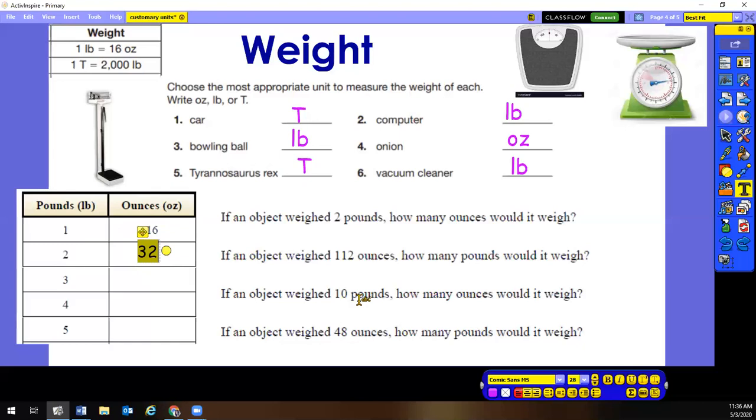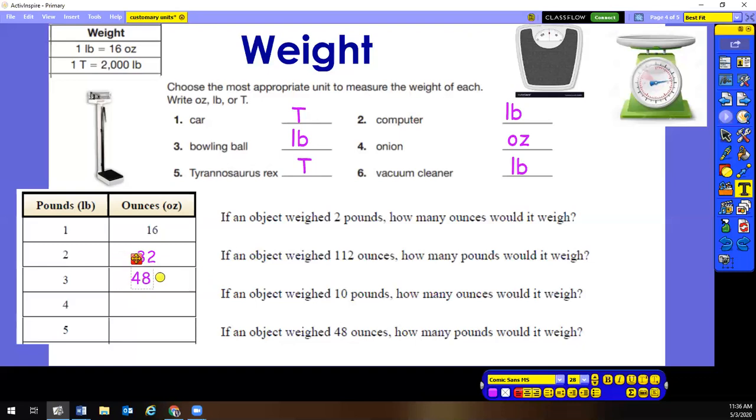So I want you to pause the video right here, and I want you to figure out what 3 pounds, 4 pounds, and 5 pounds would be in ounces. And then unpause the video only when you've got your answers filled in, and we'll check together. Okay, so now that you have those, let's check our answers. What did you get for 3 pounds?